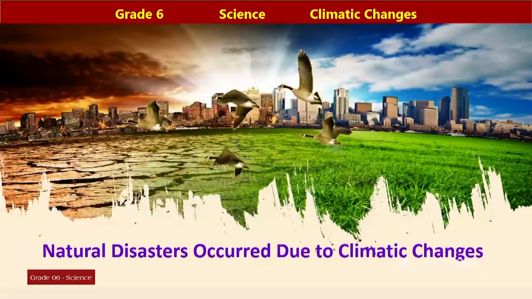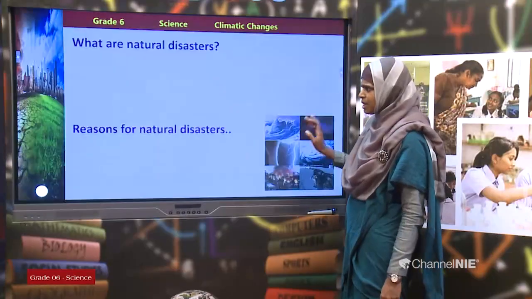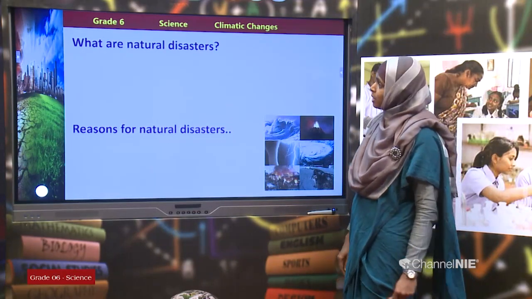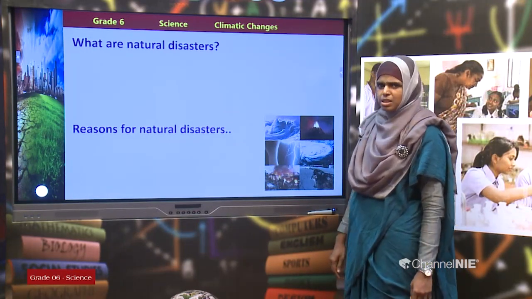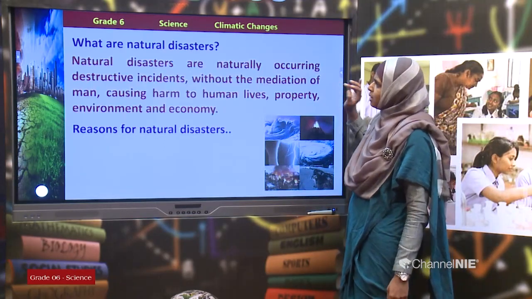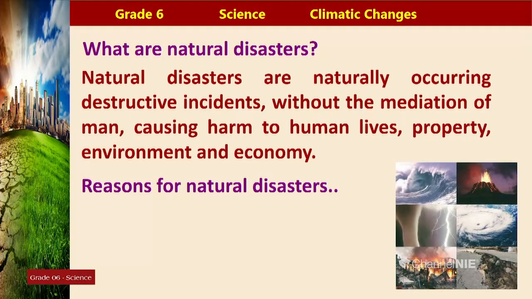Natural disasters occurred due to climatic changes. What is a natural disaster? From the term itself, it says it's natural. That means from the nature itself it occurs. Natural disasters are naturally occurring destructive incidents. It's very destructive.